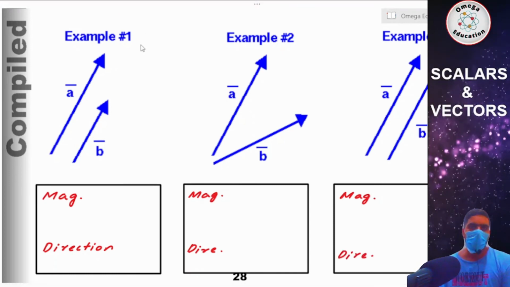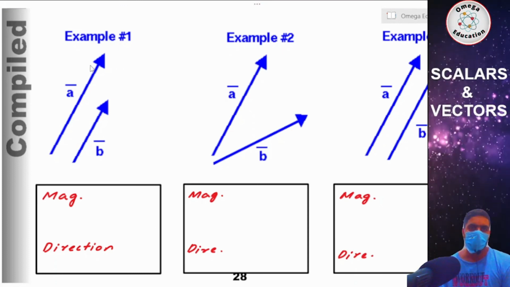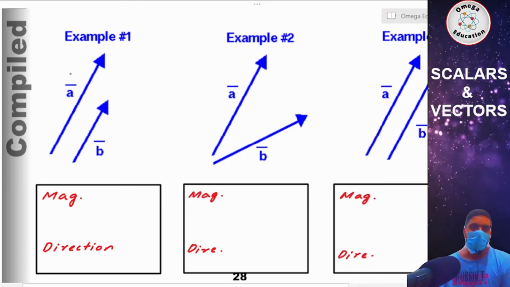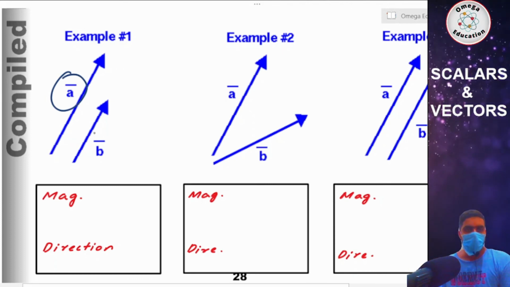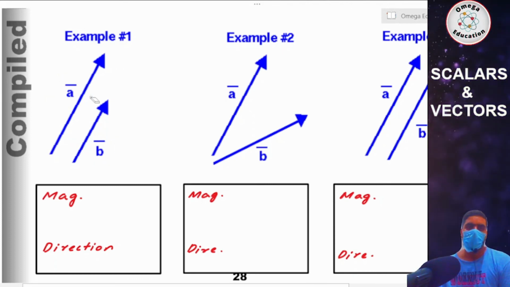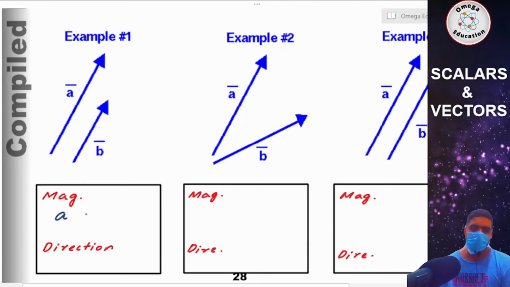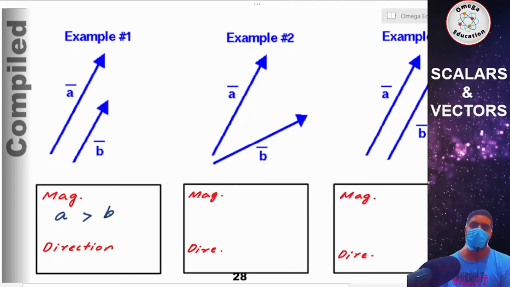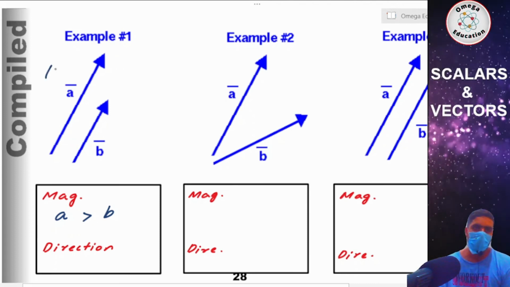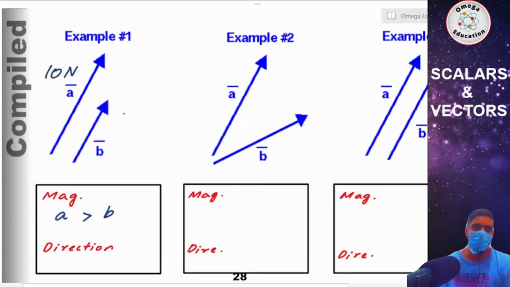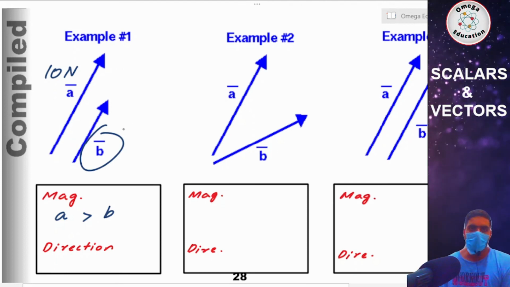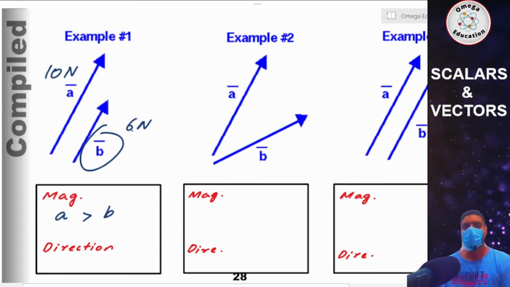Alright, let's talk about the magnitude of the first one. Vector A appears to be longer than vector B. The length of the line is longer, so the magnitude of vector A is greater than the magnitude of vector B. This one might represent a force of 10 Newton, but B would represent something less than 10 Newton, maybe 6 Newton, 5 Newton, or anything like that.